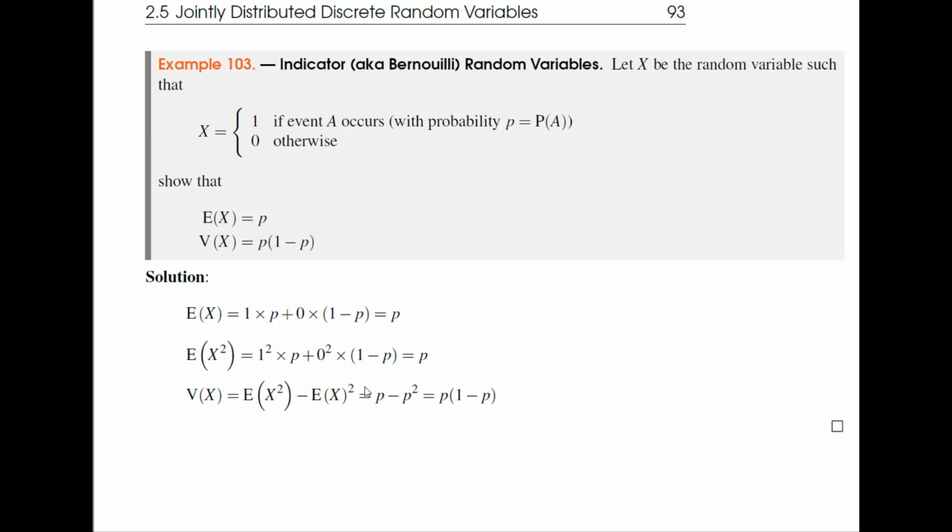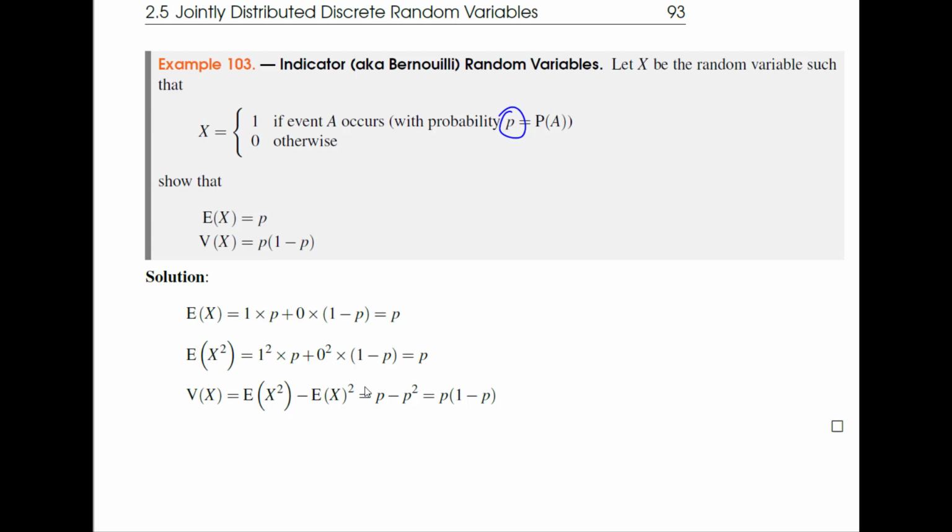Typically you call it a success. This is how we define the PMF in this case. X could be 1 with probability p, which is the parameter of this random variable, and the way you define it, p is also the probability of the event that you're interested in occurring.